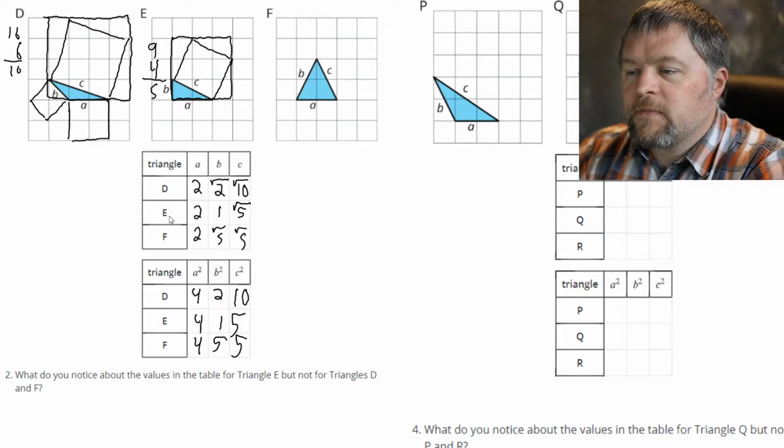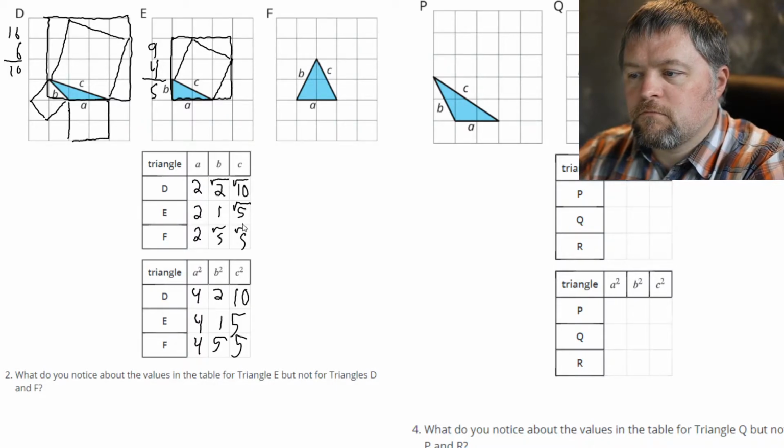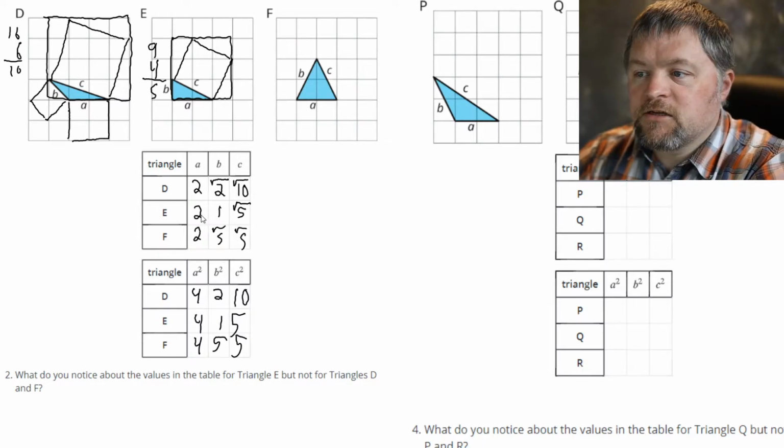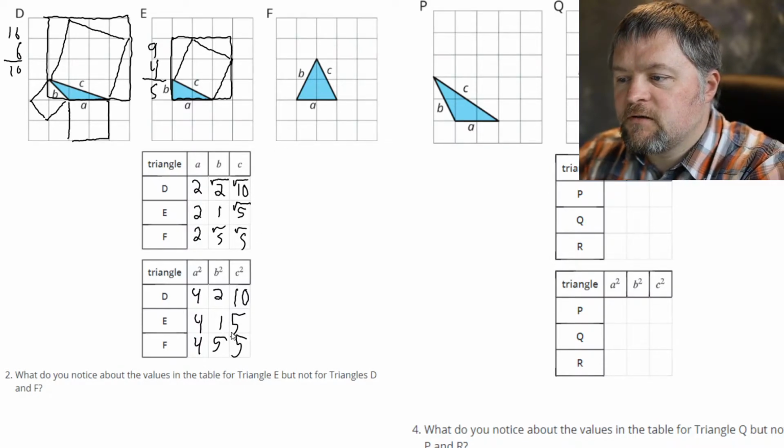So E, this one, has 2 integer value side lengths and 1 irrational number, whereas both of the other ones have two irrational numbers.